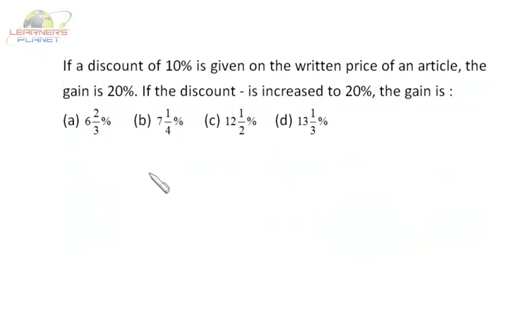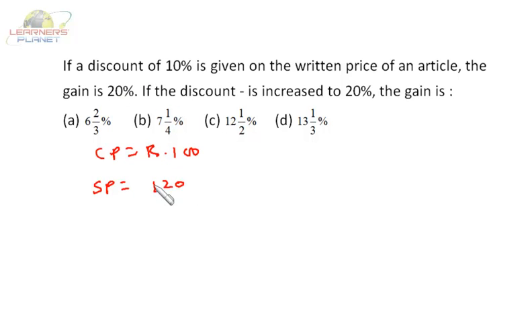Now let's say this question. If a discount of 10% is given on the marked price of an article, the gain is 20%. If the discount is increased to 20%, what is the gain? Friends, let's assume the cost price to be 100 rupees. In the first case, the profit is 20%. That means selling price is rupees 120.